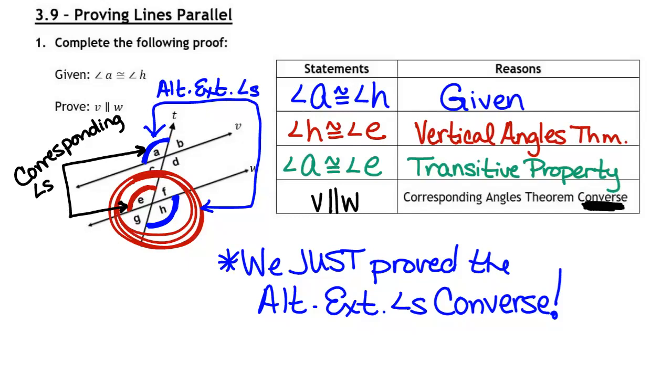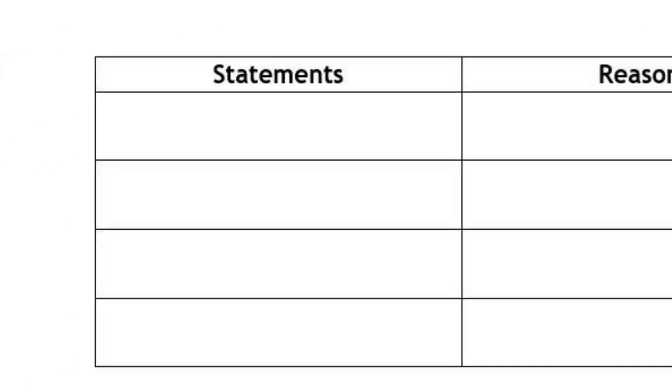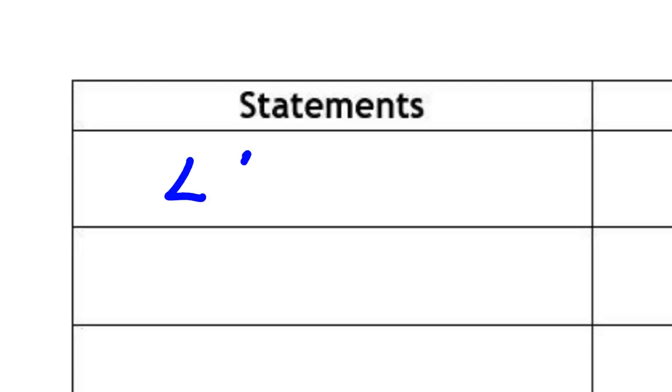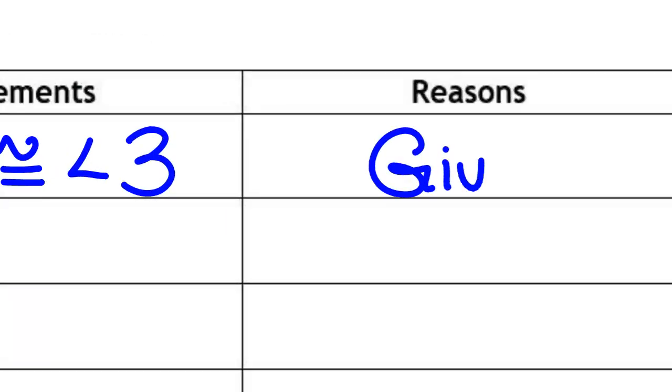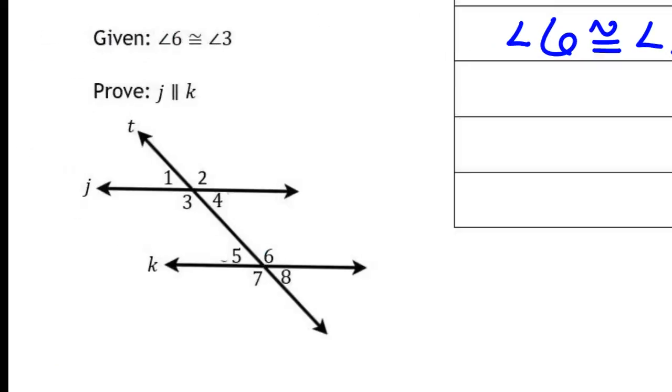All right, now we can flip the page. I want to try another one that's very similar to this one. What should my first statement be here? Angle 6 is congruent to angle 3, and my reason for being able to say that? It is given. So I'm going to mark that on my picture. Angle 6 is congruent to angle 3. Look up here by angle 3. Right here where these two lines are crossing, are there any other angles that are the same size as angle 3?